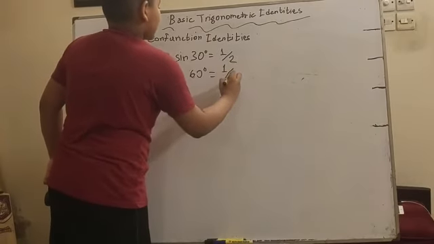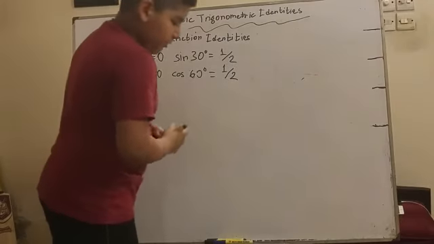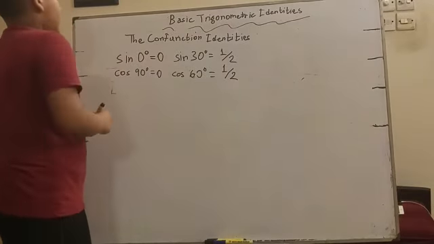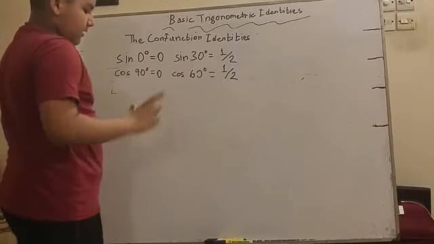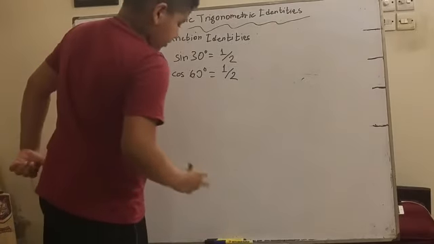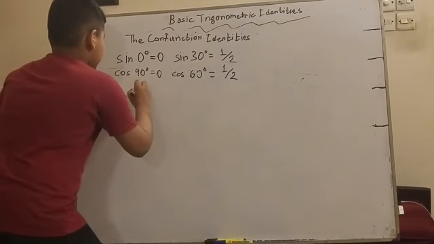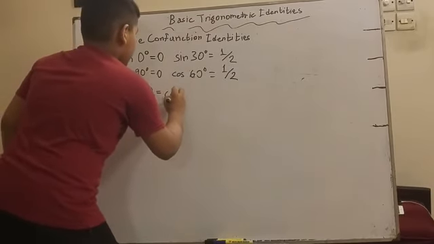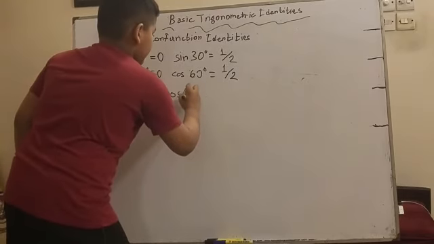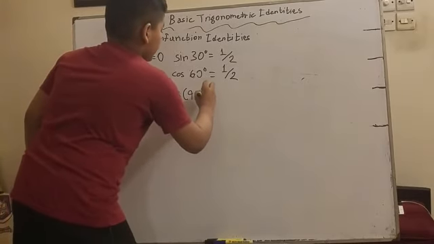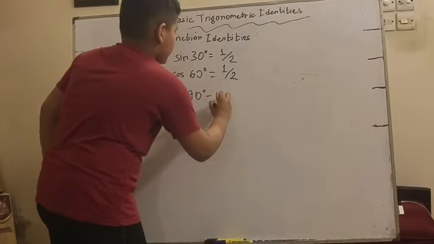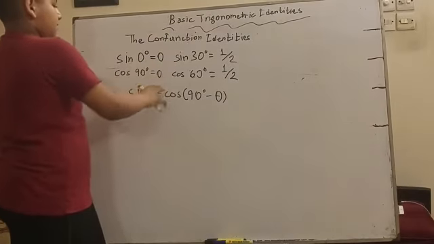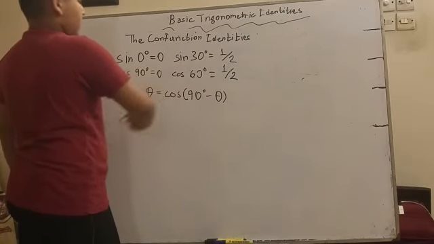I know this is starting to feel boring, but trust me, by all these, we can find an equation that is sine of theta equals cosine of 90 degrees minus theta.